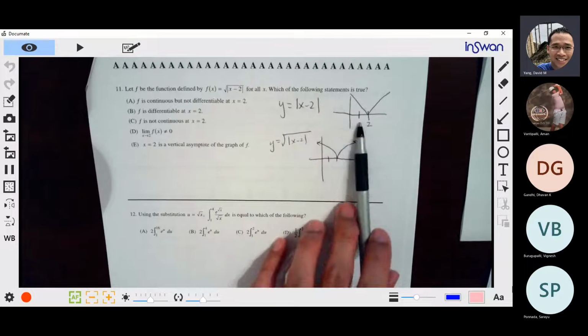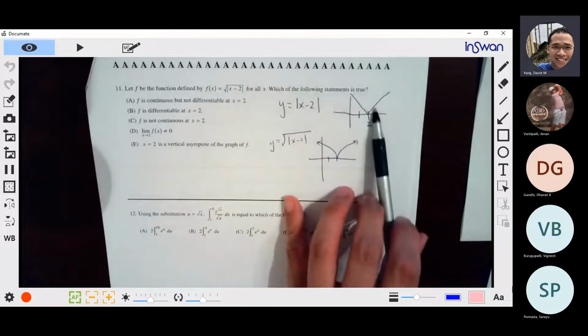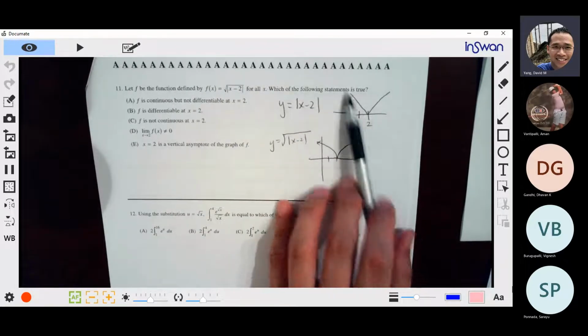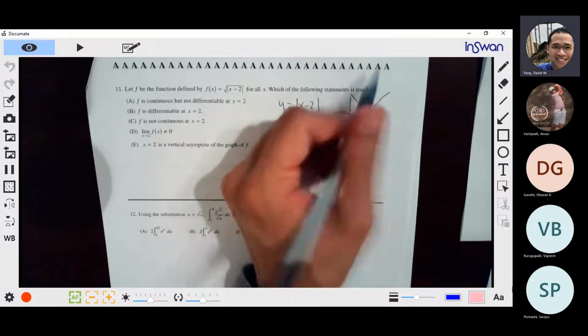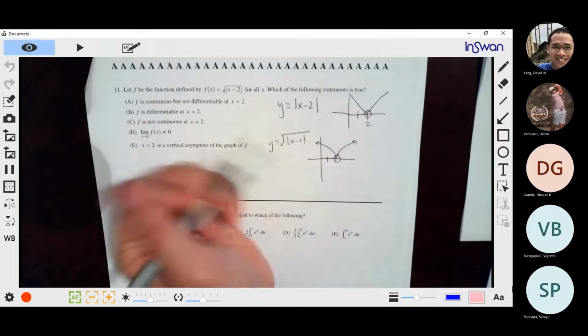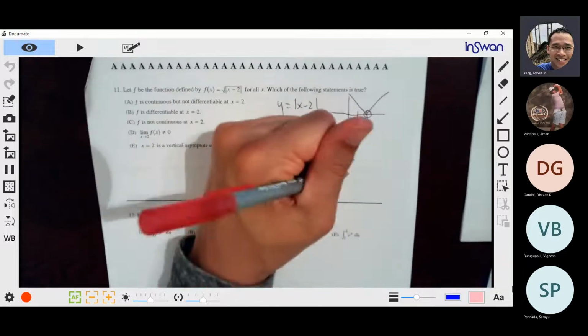And so we already know that even without the square root, there's going to be an issue at 2, where the graph is connected, but it's not differentiable, meaning that there's a sharp turn where the slope doesn't exist.